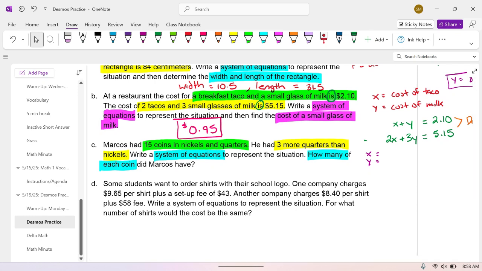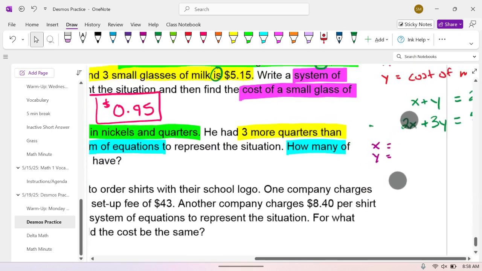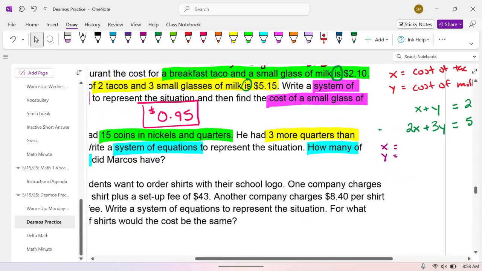How many of each coin? So what do you think X and Y are going to represent? If we're talking how many, we're talking about a what? So how many means the blank of each coin? The number of each coin.